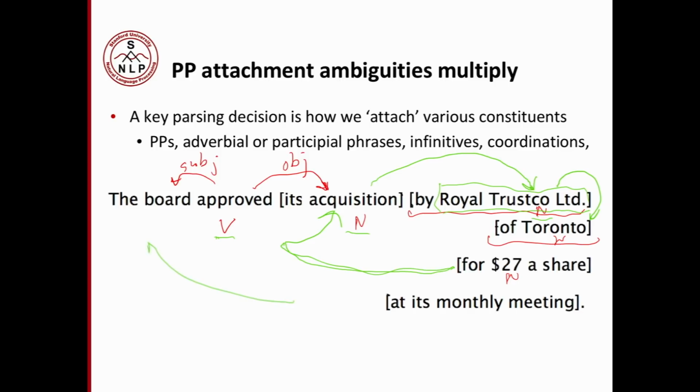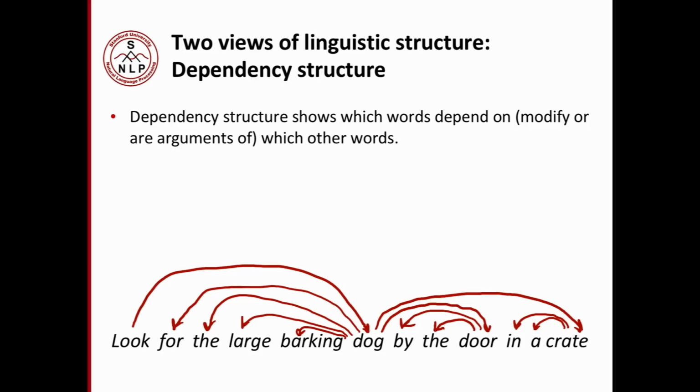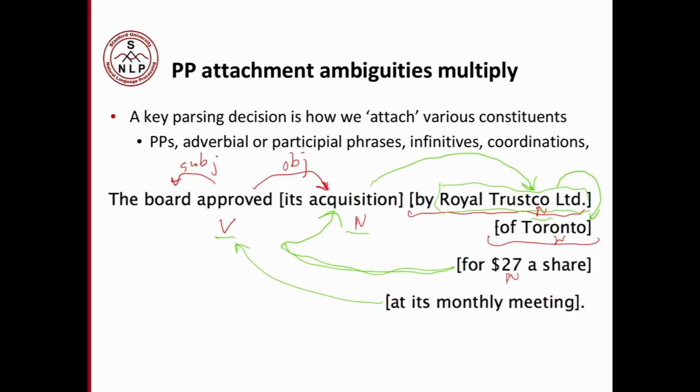It's approved at its monthly meeting. Oops, I drew that one the wrong way around with the arrow. Sorry, it should have been down this way. I'm getting my arrows wrong. Okay, so now we've got this pattern of how things are modifying.